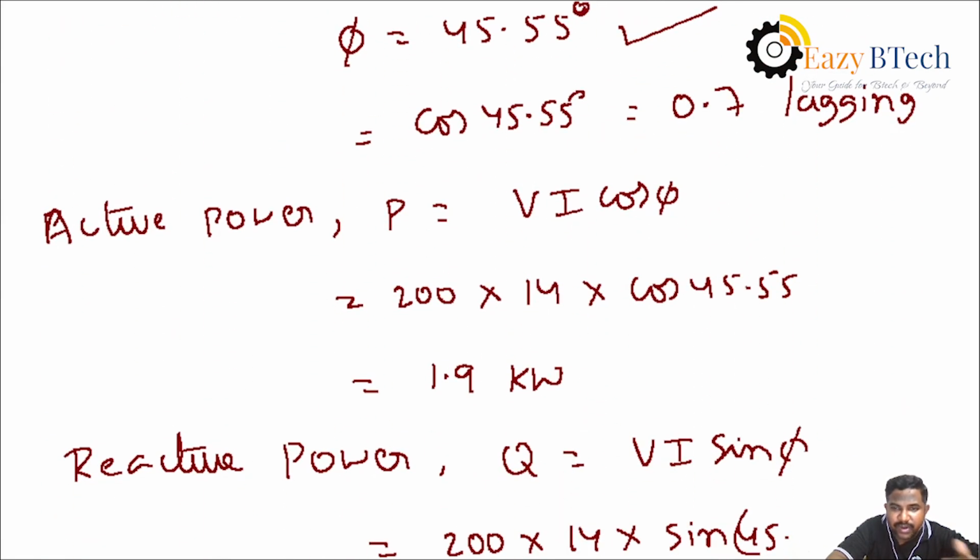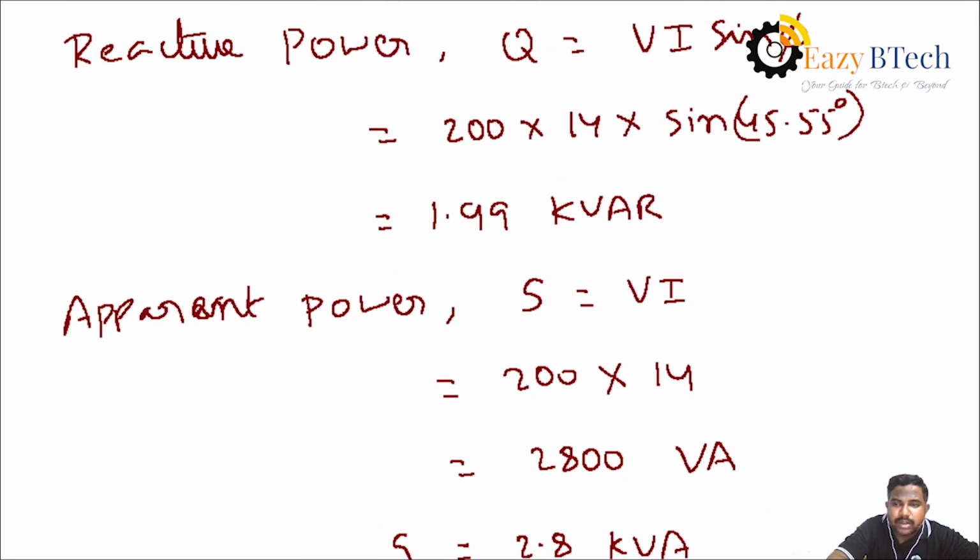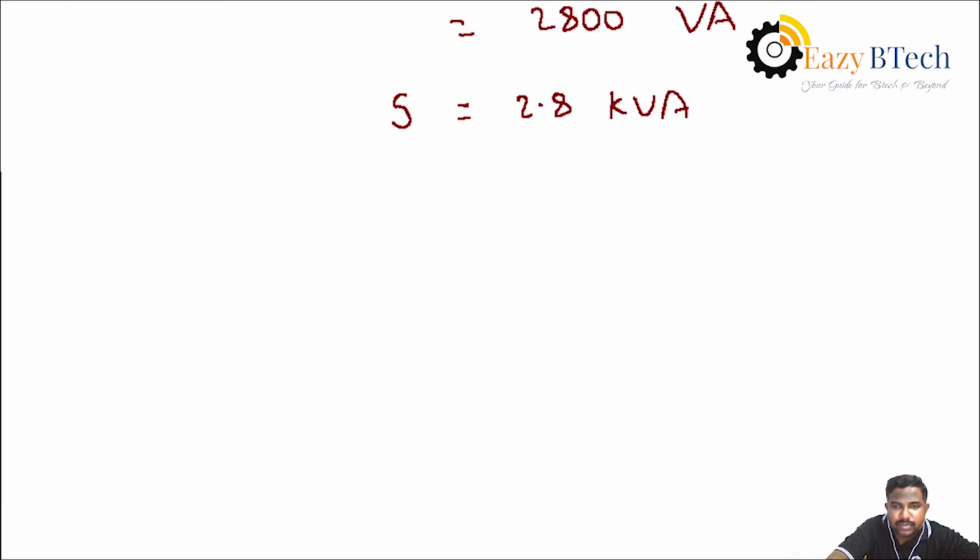Then by using cos phi, you can find the power factor of the circuit. Hence find out all the powers: active, reactive, and apparent powers. Like that, you can find out all the powers or the impedance value in a single phase AC circuit problem.